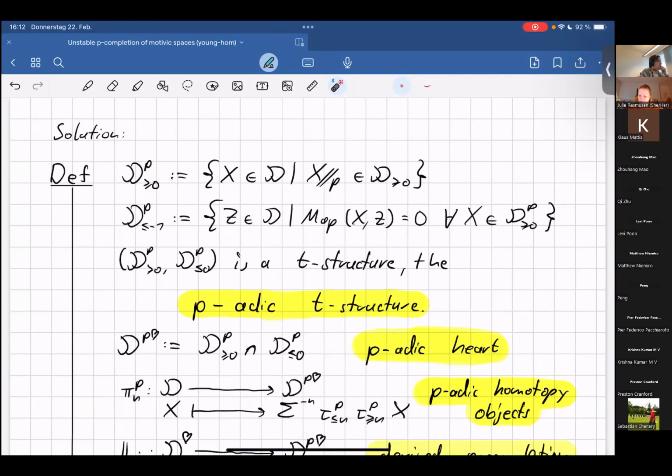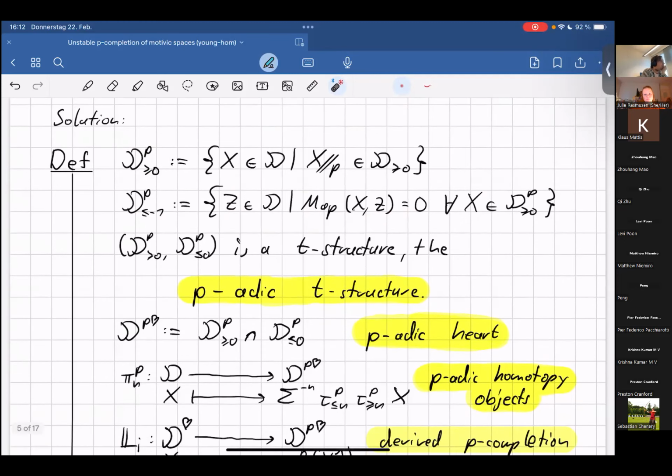Okay, this is what it is, and it's a very general thing that this is again a T structure. You have to show that this is stable under colimits and extensions, and then you get a T structure. And we call this T structure the p-adic T structure associated to the T structure which we started with.